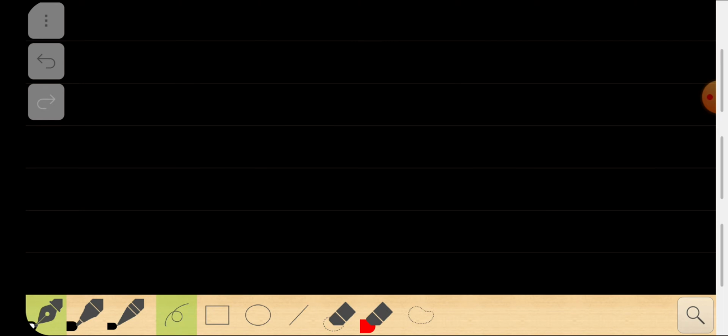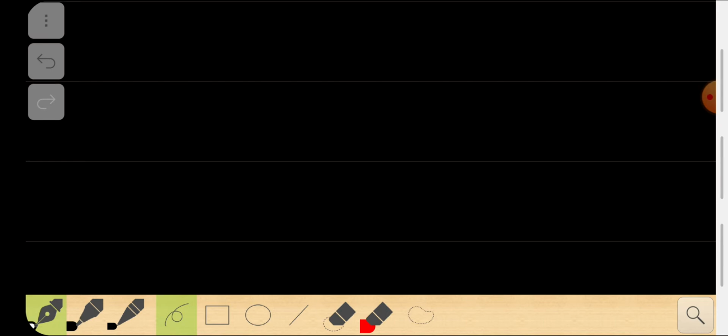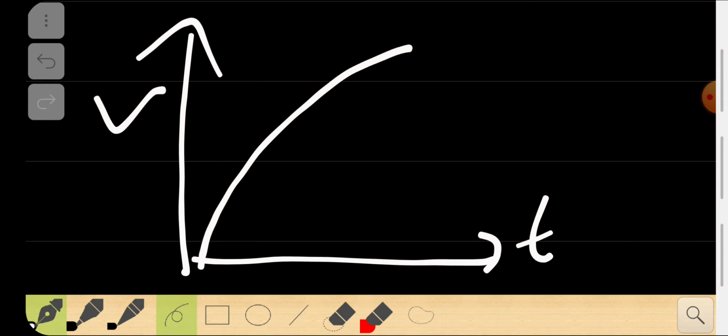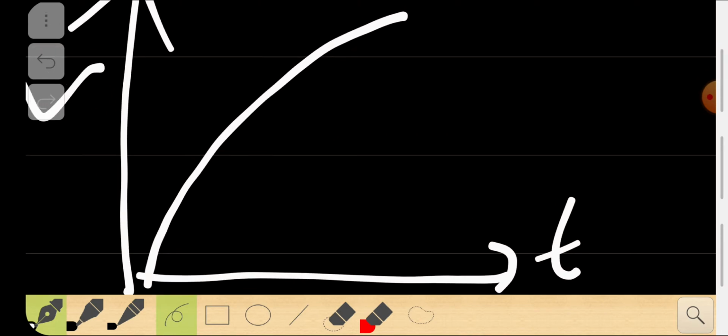So we are going to do something more clear cut and clarifying for you to understand what is actually happening with the integration. Let this be your plot. This is the plot of velocity versus time graph. In this plot, what I need to find out is the area under the curve.